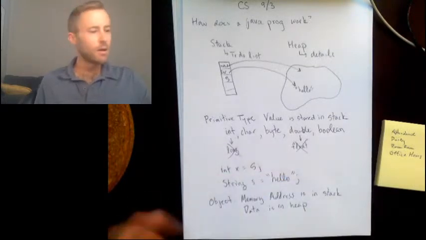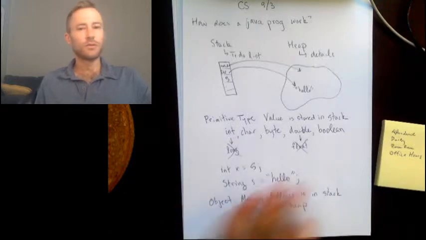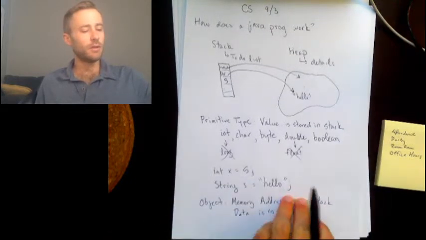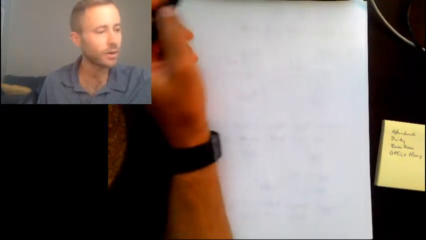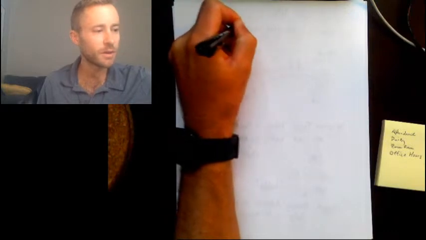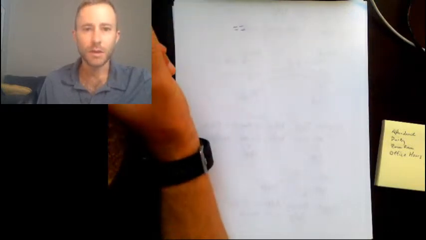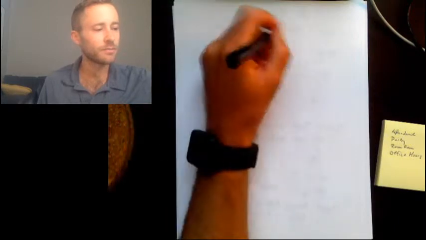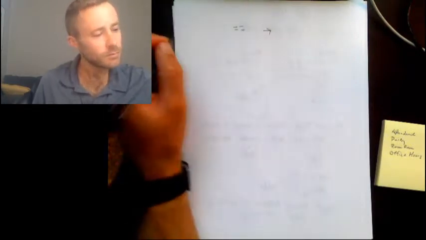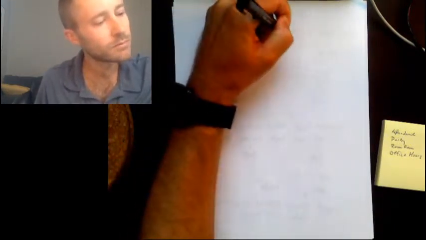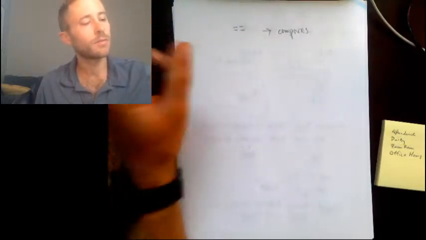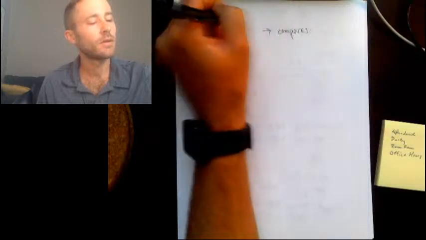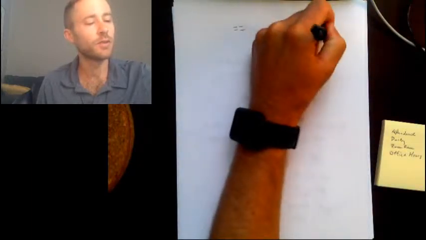The important thing is the comparison operator, equal equal, which you know. This compares only primitive types.